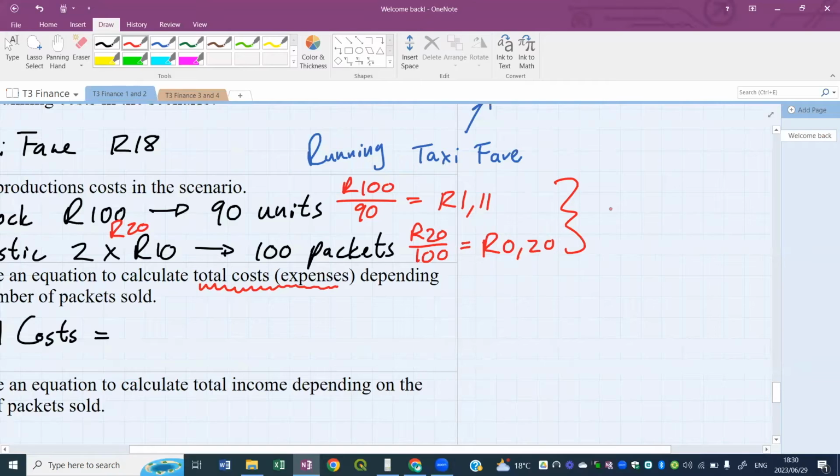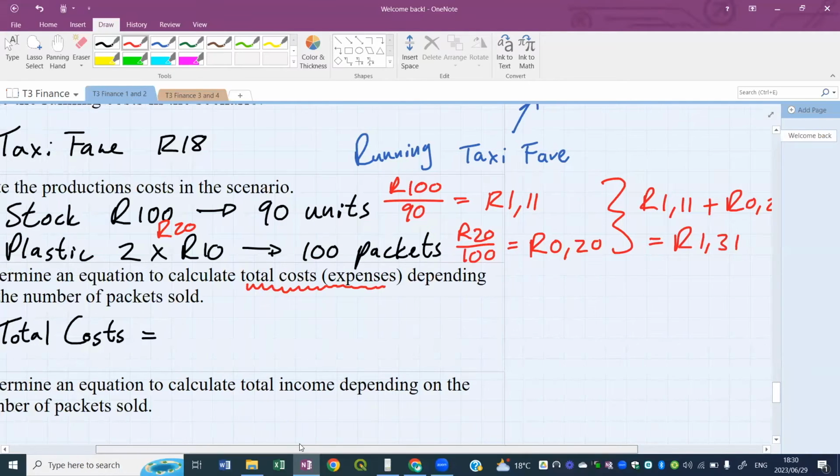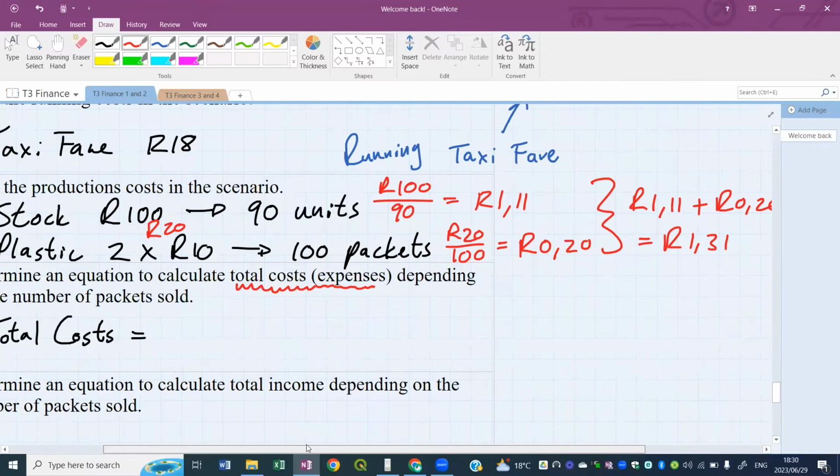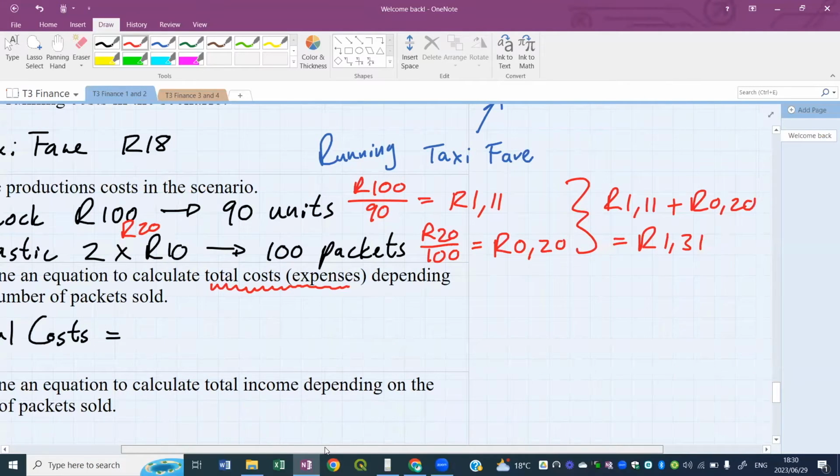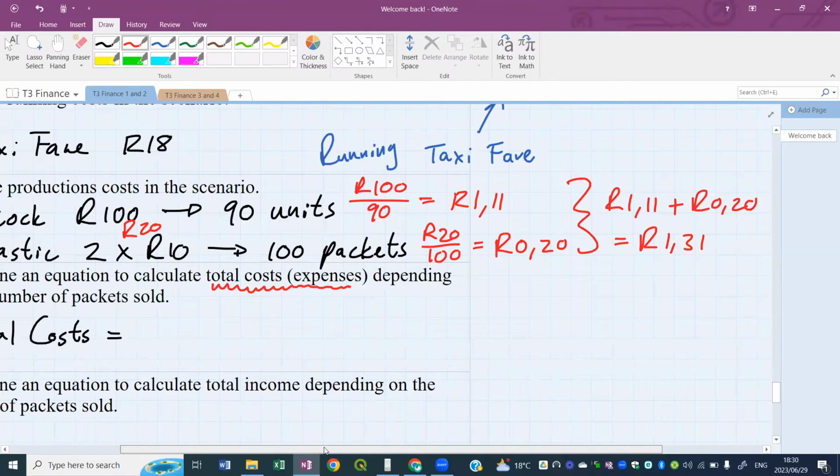So 1 rand 11 plus 20 cents gives me 1 rand 31. That's how much it costs to produce 1 packet of cupcakes, the materials needed to fill 1 packet and the packet that holds it. It's 1 rand 31 per packet.